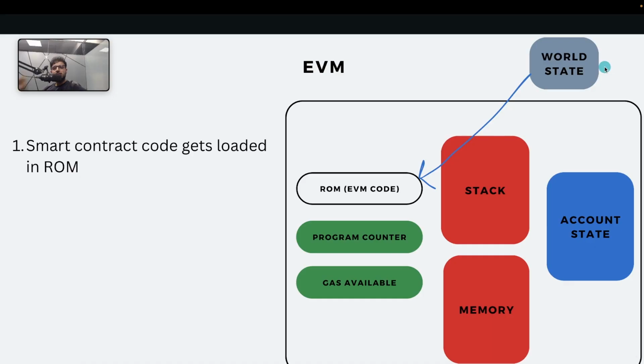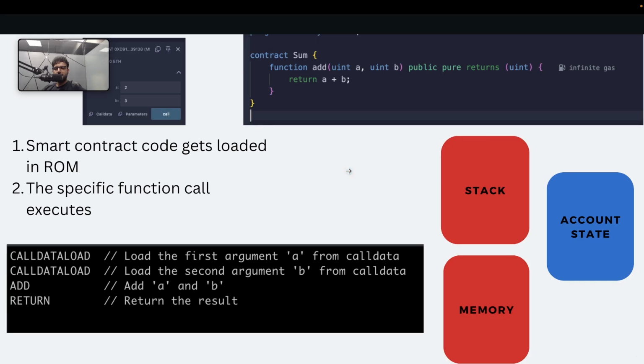Then number one, from this world state जहाँ पे सारे addresses हैं, सारे accounts हैं, your smart contract code, bytecode gets picked and put over here. Read only memory. I don't want to update the user's smart contract. I just want to get it over here so that I can quickly access the functions inside. You get this specific bytecode in ROM, read only memory, and then the specific function call executes.